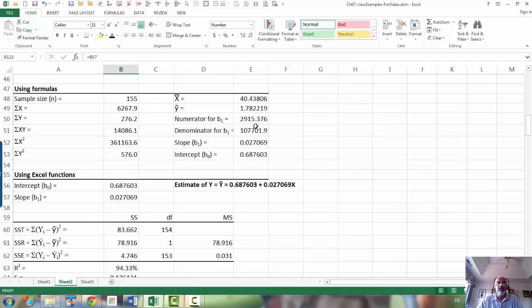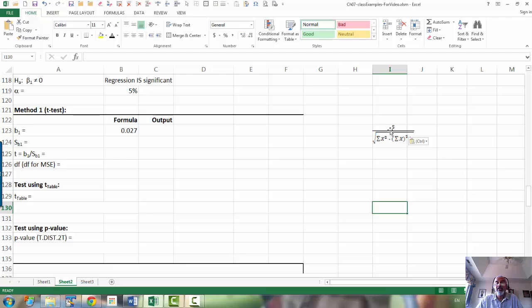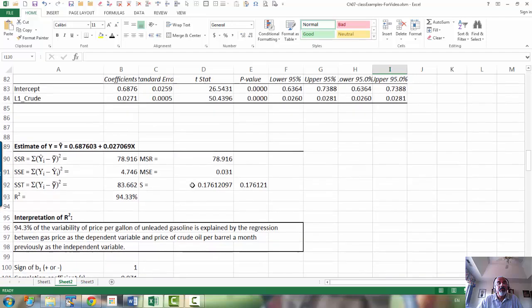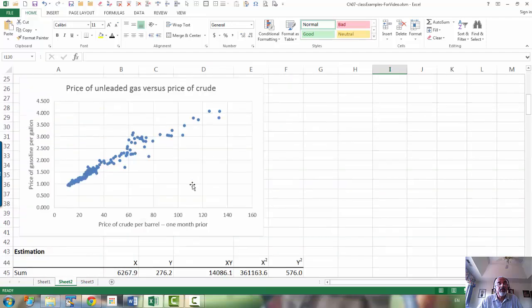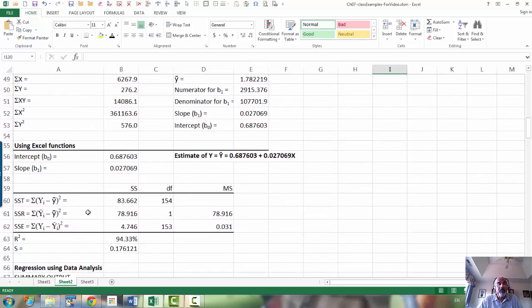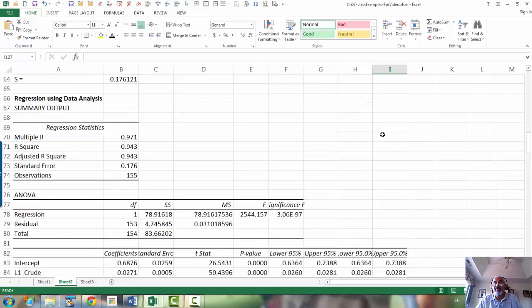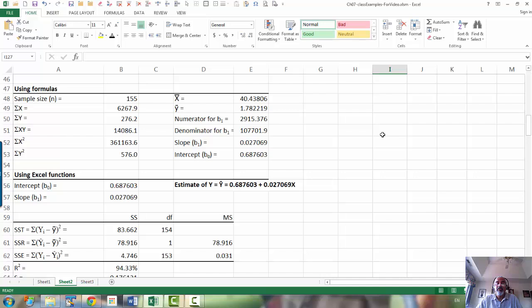So here is the formula. Remember, S is the square root of MSE, and we have already computed S right here. And the denominator is square root of that, and you see that is the denominator of the formula for B sub 1.